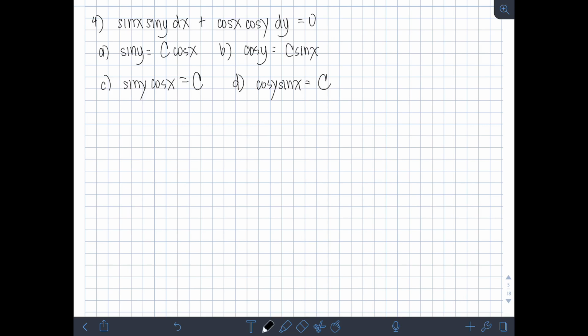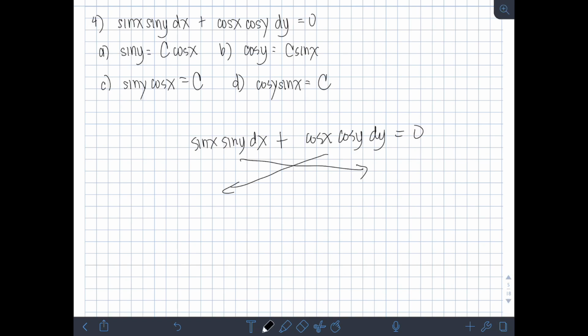Okay, so obviously, variable separable. So, sulat ko lang ulit, sin x sin y dx plus cos x cos y dy equal 0. So, para ma-separate yung variable, pwede nating i-cross multiply dito si sin y, tapos dito si cos x.